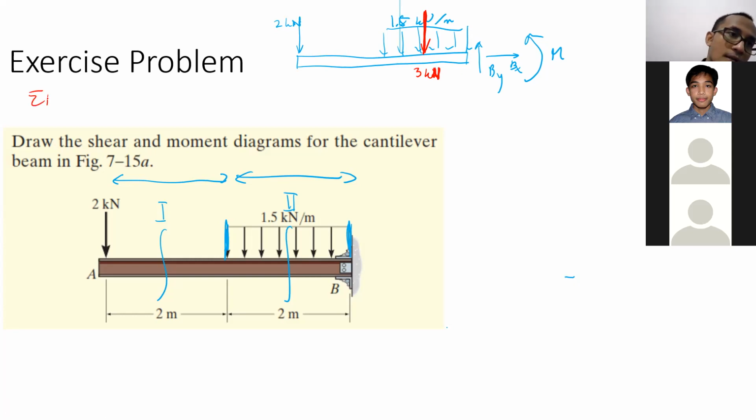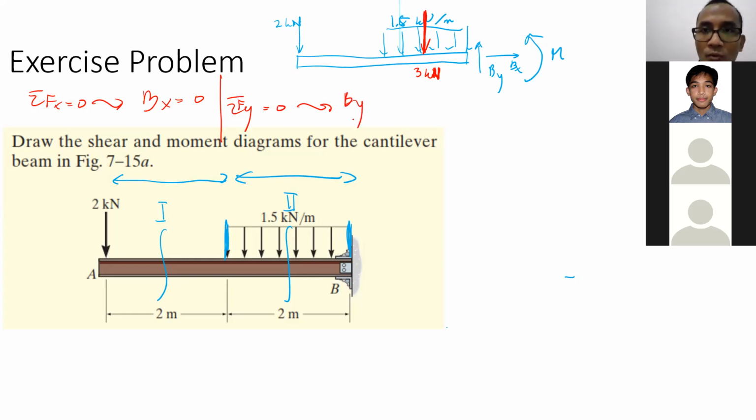Using sigma Fx equal to 0, what you have there? Px equals 0, right? And then using sigma Fy equal to 0, what you will get? By minus 3 minus 2 is equal to 0. So By is equal to 5 kilonewton, correct.